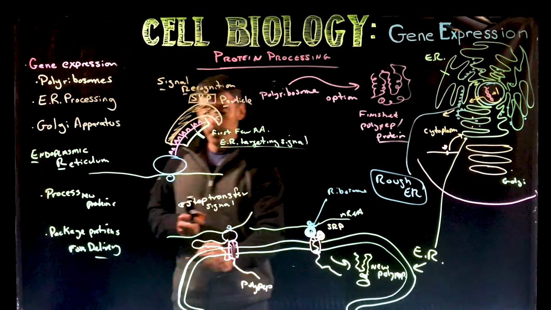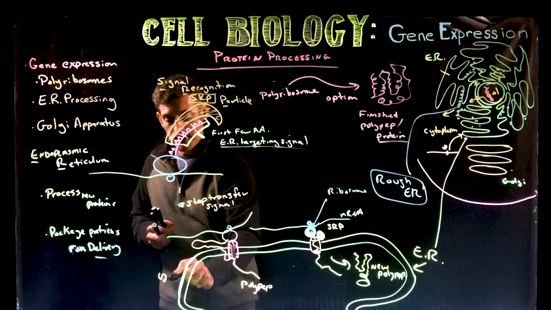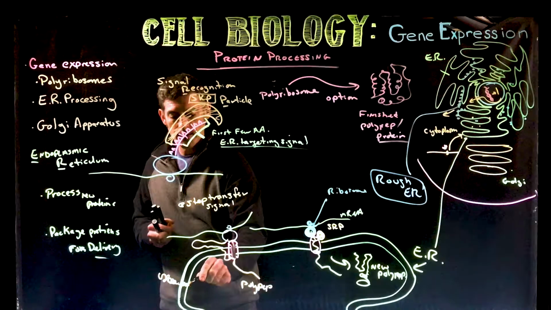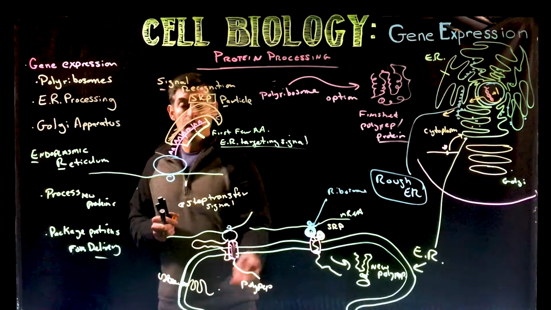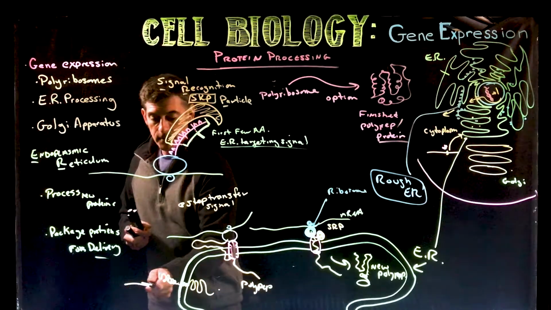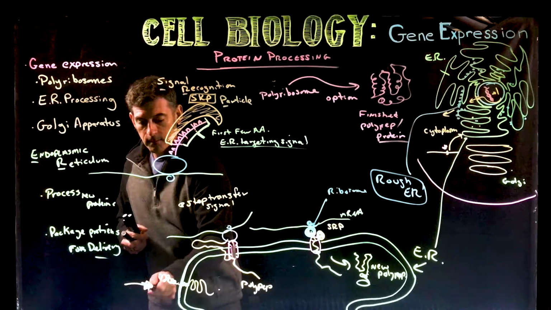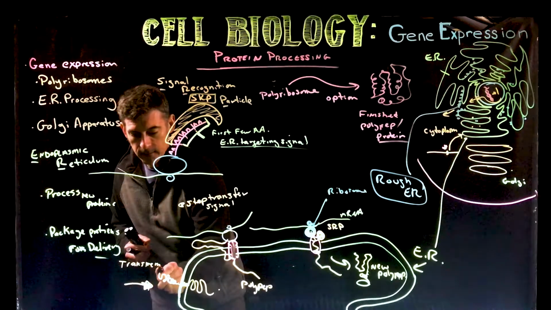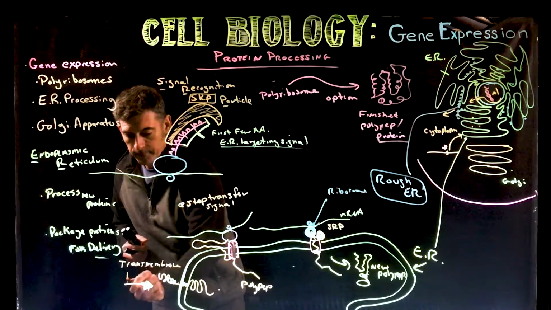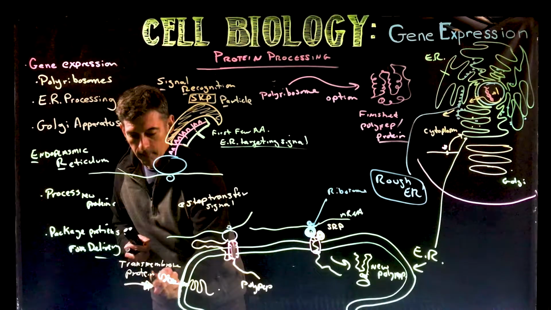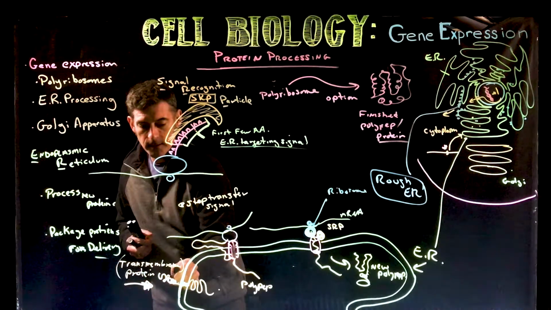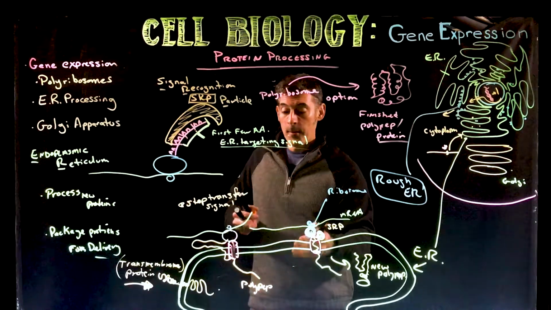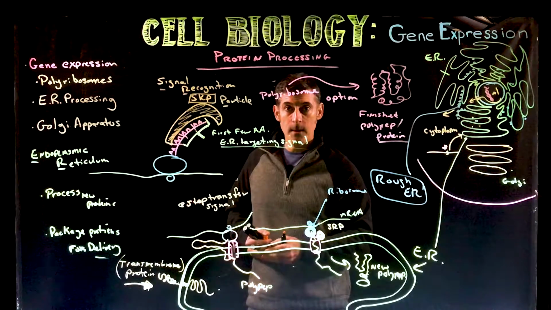So what do we end up with then? We end up with a protein that has part of it out on one side of a membrane. We have part of it that goes across the membrane, and then part of it on the other side. You might recognize that as a transmembrane protein. All right, our transmembrane proteins, the pores, just like this pore here, that was a transmembrane protein that had to be assembled in this particular way.